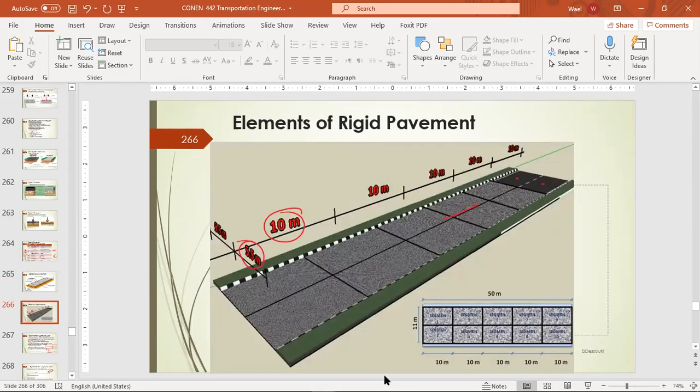That's another figure. As we can see, the slabs are divided into 10 meters length on average, and the width is around maybe 5.5 meters for the longitudinal division.